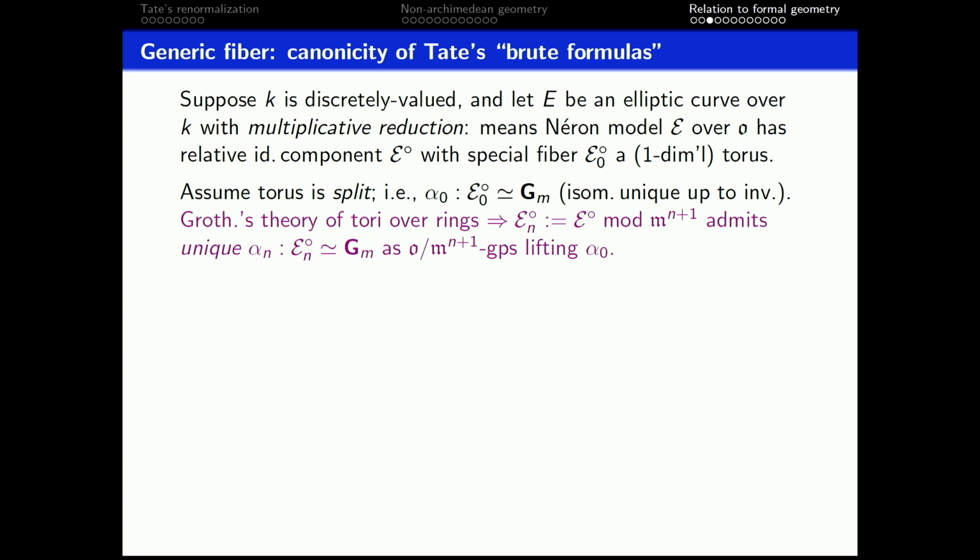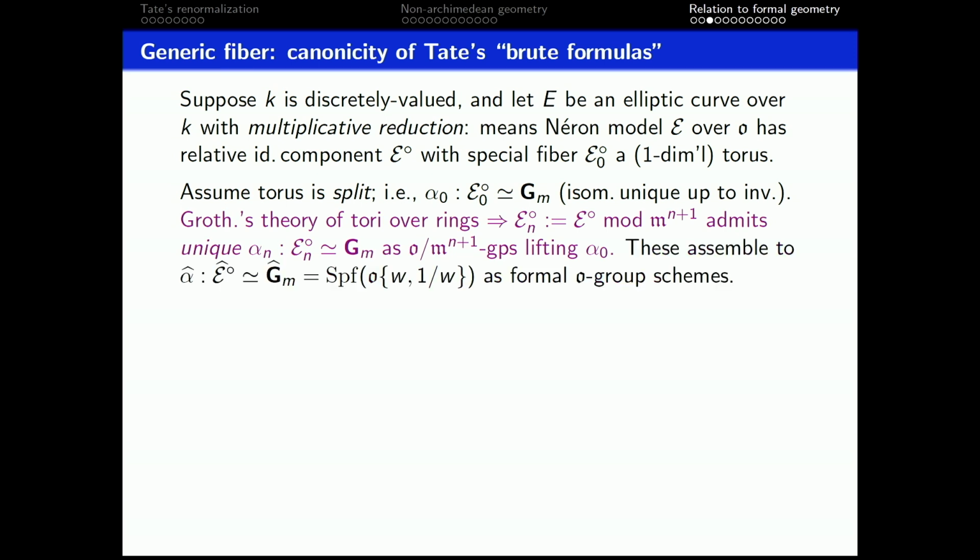Now, the theory of tori over rings tells us that once you fix this, then all the higher reductions of the special fiber are uniquely isomorphic to G_m, lifting this one over these thicker Artinian quotients of the valuation ring. Okay, great.